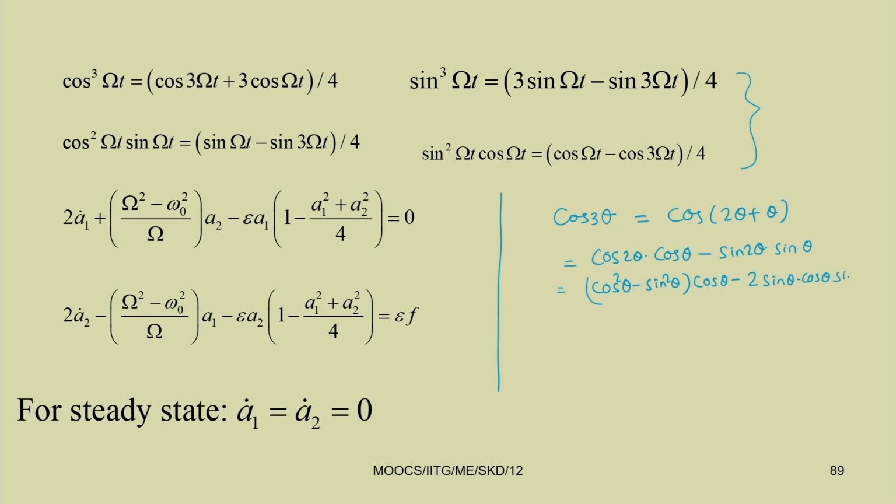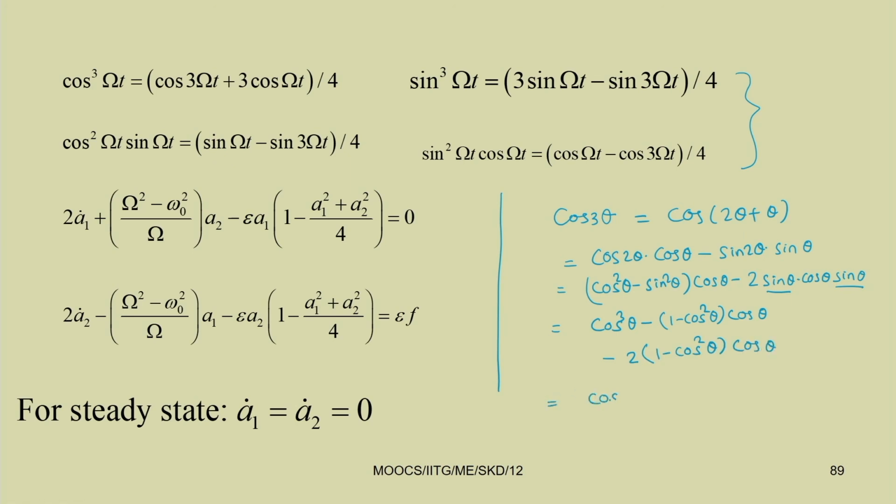So, we have to write down everything in terms of cos theta. So, this can be written as cos cube theta minus, with sin square theta written as 1 minus cos square theta, into cos theta, minus, since sin theta into sin theta equals sin square theta, 2 times 1 minus cos square theta into cos theta.